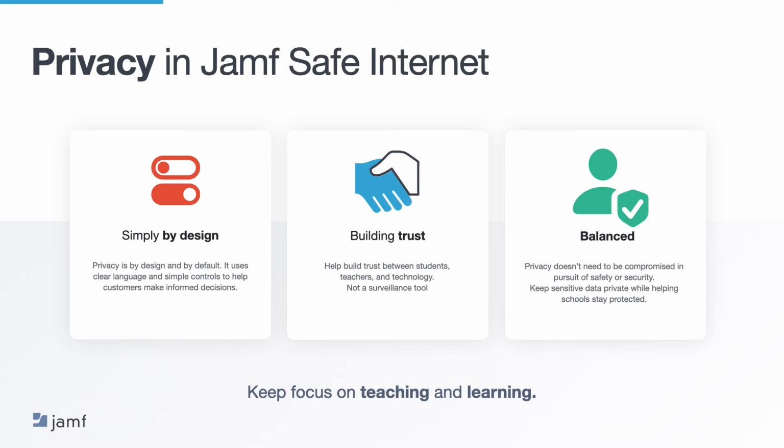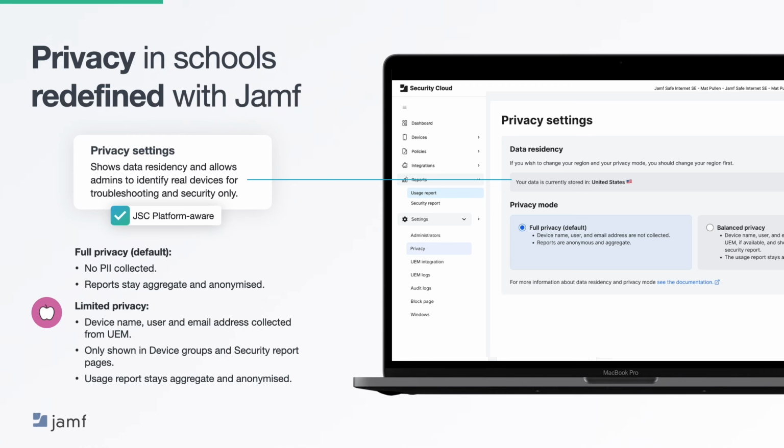Our privacy settings enable IT to make decisions based on their needs, highlighting the location of their stored data and informing them of the levels of privacy in place. Only security information will be reported, helping IT admins support the education of end users around malware, phishing and spam, identifying which devices have been impacted so quick and swift remediation can be put in place.